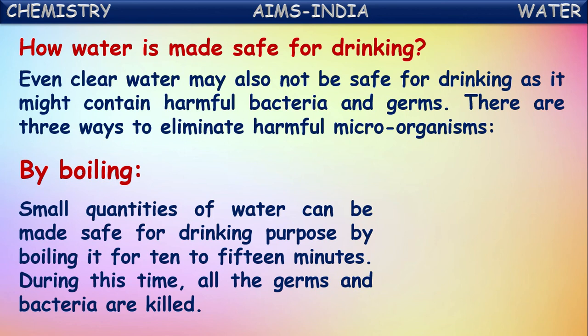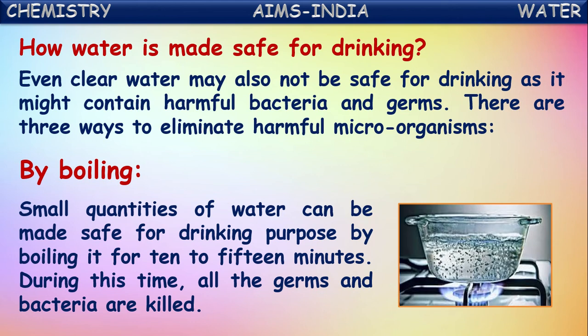During this time, all the germs and bacteria are killed. So we can take a small quantity of water into a bowl or a dish, and if it is boiled for around 10 to 15 minutes, the bacteria and germs present in the water will be killed, and that water will become safe for drinking.